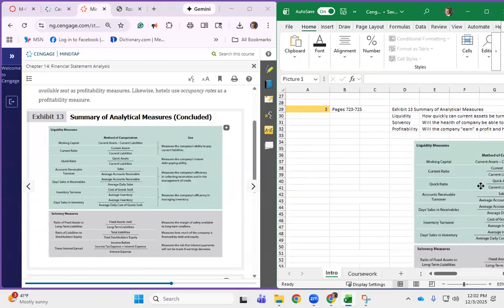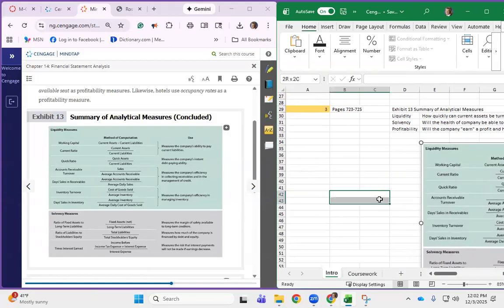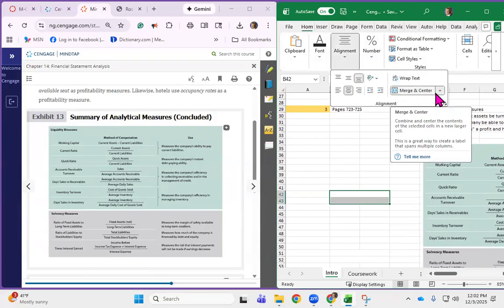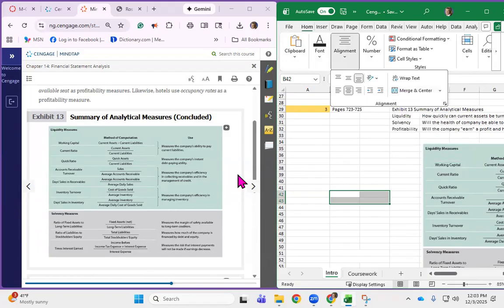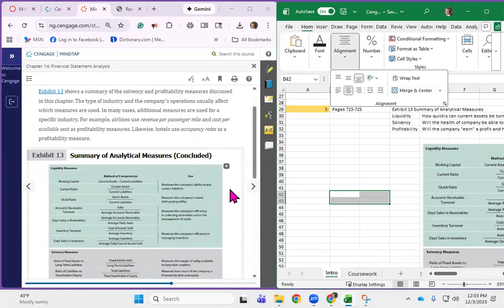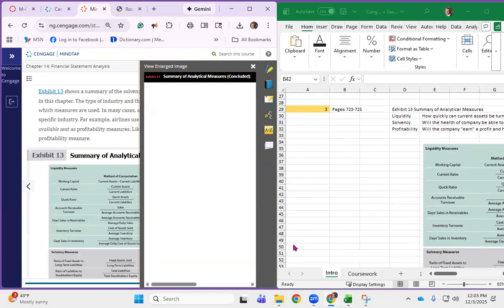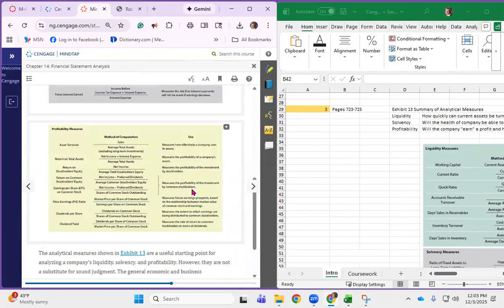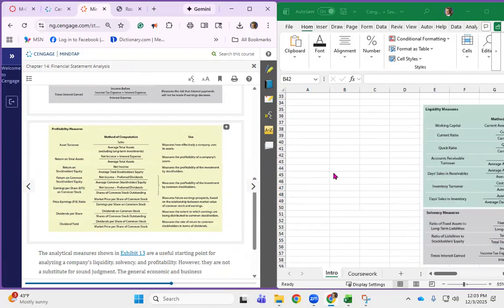Now let's go to this one. This is profitability measures. How many are there? 1, 2, 3, 4, 5, 6, 7, 8.